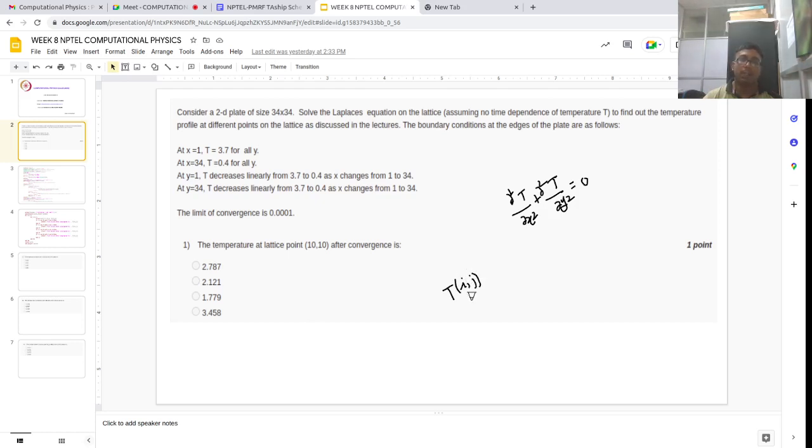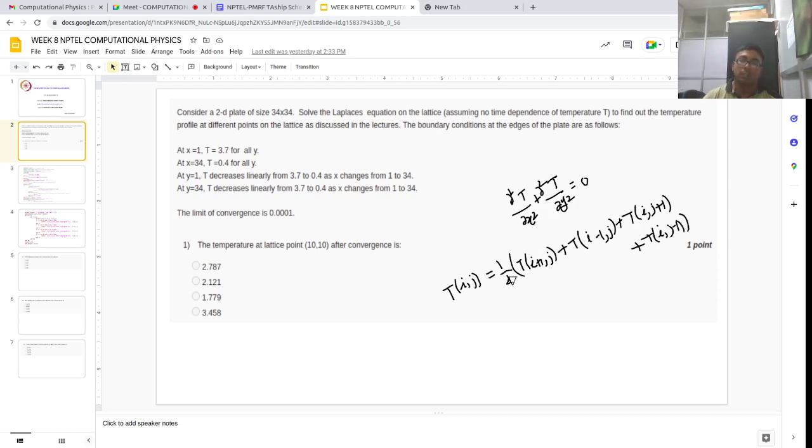If we have to calculate this T(i,j) at a particular grid point, it will be calculated like this: 1 by 4 times T(i+1, j) plus T(i-1, j) plus T(i, j+1) plus T(i, j-1).